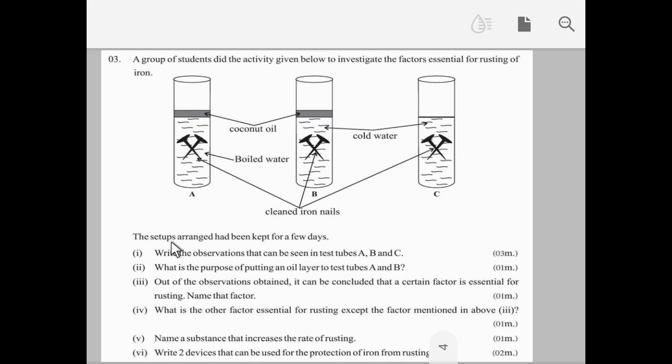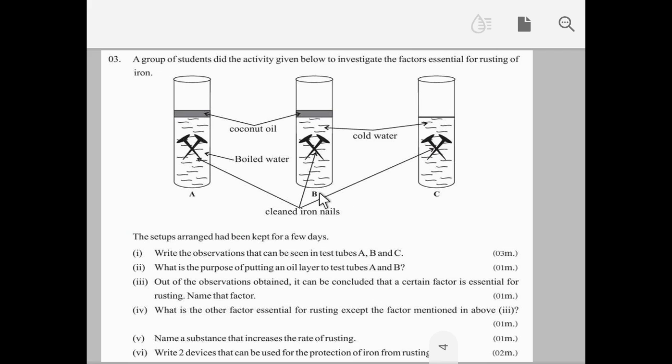The setups arranged had been kept for a few days. Write the observations that can be seen in the test tubes A, B and C. In A, we cannot see any rusting.